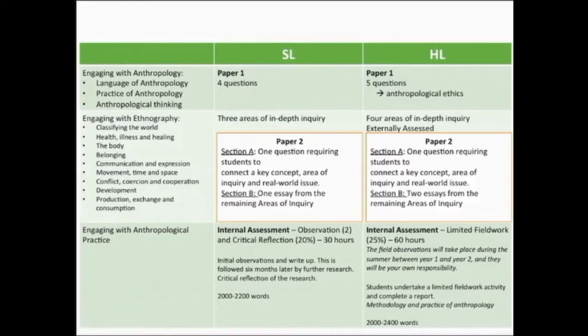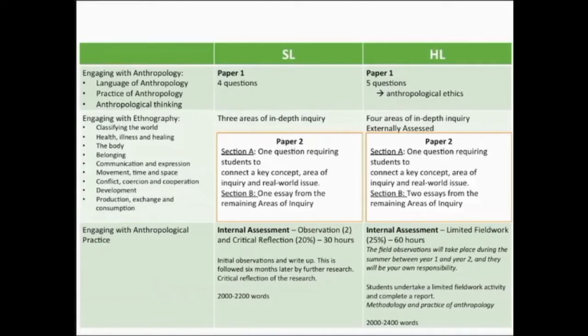The difference is that we study fewer topics. In SL, we only study 3 topics in the full 2 years. In paper 1, we do only 4 questions, no ethics section. In paper 2, section A has 1 question regarding current issues, and section B has 1 question regarding the 3 topics.